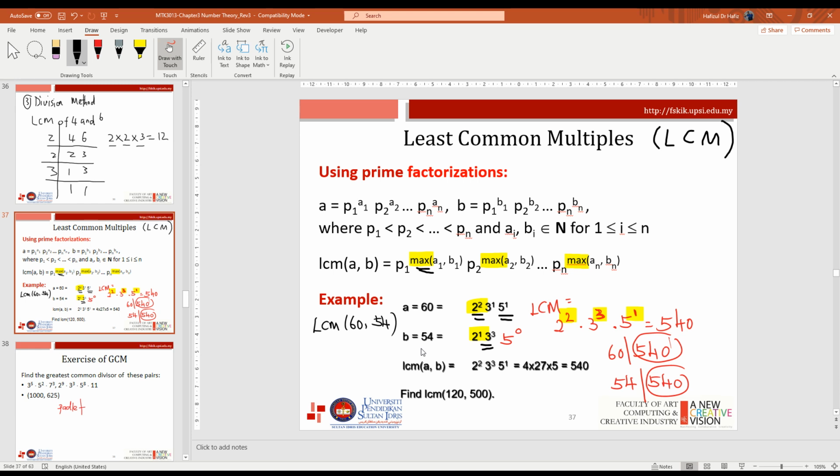And for B, 54 is 2 to the power of 1, 3 to the power of 3, 5 to the power of 0. And then we choose the maximum: 2 to the power of 2, multiplied by 3 to the power of 3, multiplied by 5 to the power of 1, equivalent to 4 multiplied by 27 multiplied by 5. Sorry, this one is not 9, this one is 27.